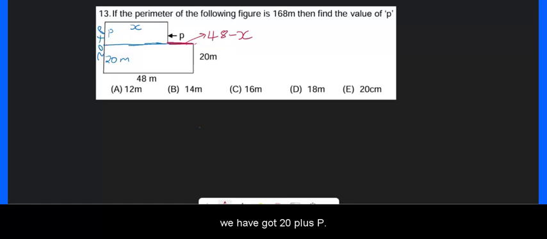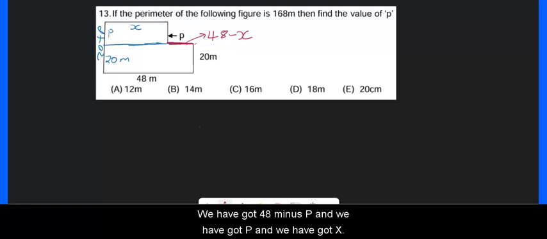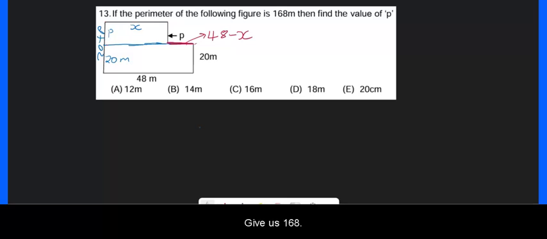Okay, we have got 20 plus P, we have got 48, we've got 20, we have got 48 minus X, and we have got P, and we have got X. We can add all this together, and it will give us what we are looking for. Give us 168. Now let's add them together.